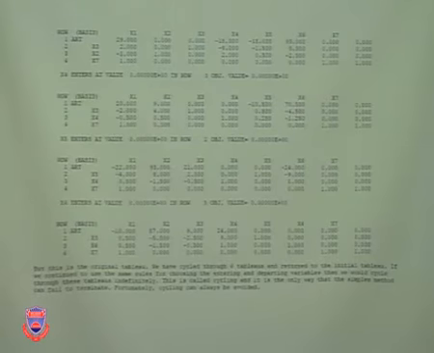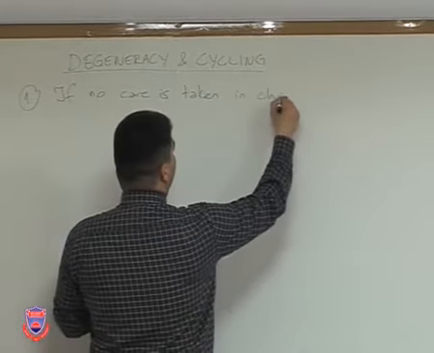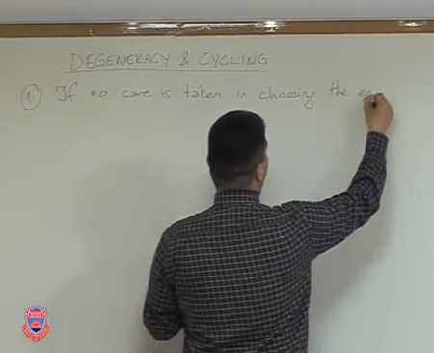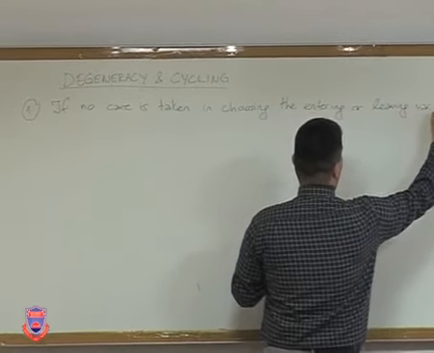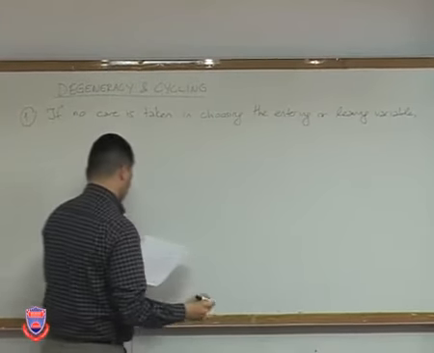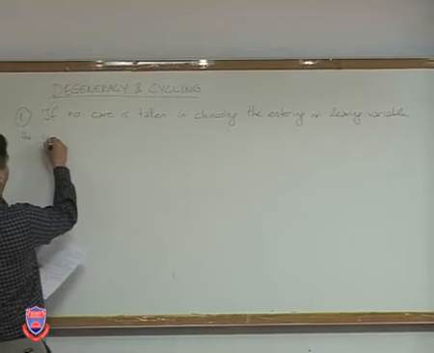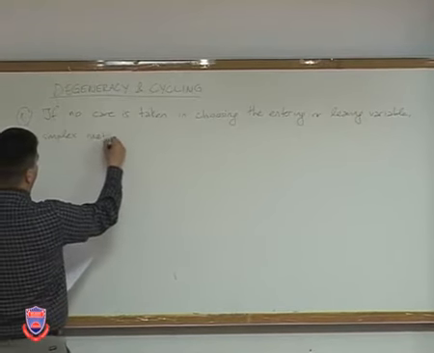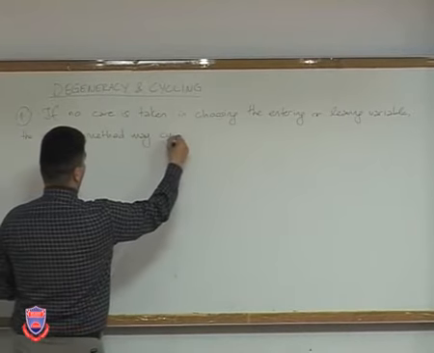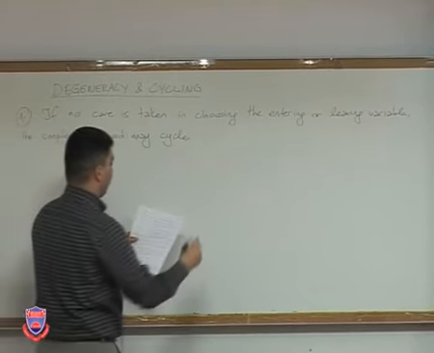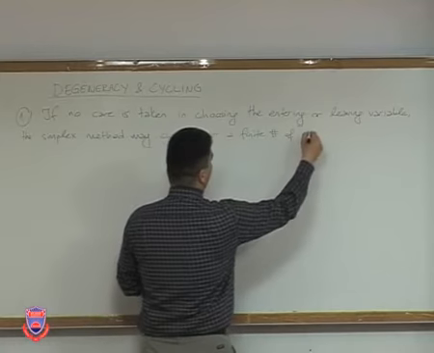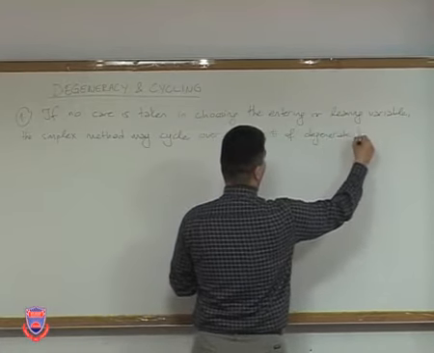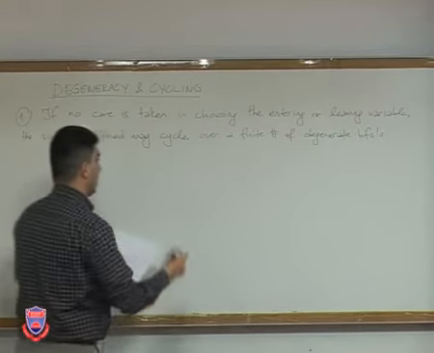If no care is taken in choosing the entering or the leaving variable, the simplex method may cycle over a finite number of degenerate basic feasible solutions and return to the first one.